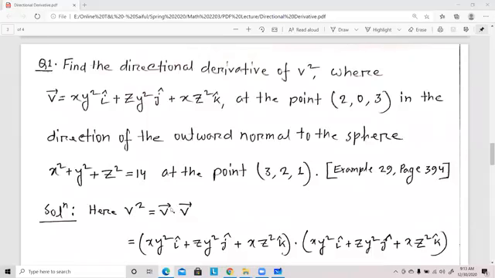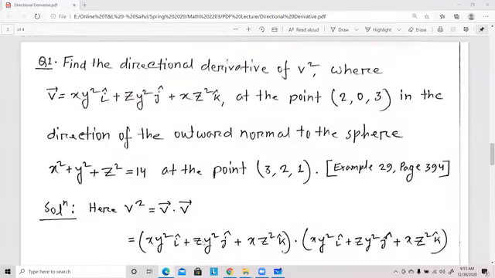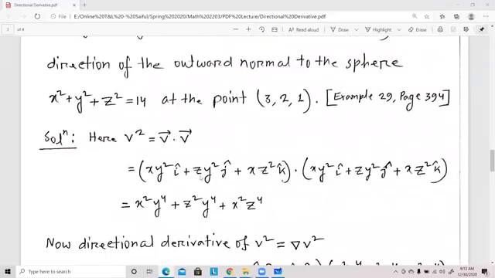So v is defined in the question like this, and now if we do the dot product, we get a value when the same unit vectors are multiplied, otherwise 0. That means i dot i is 1, i dot j is 0, i dot k is 0.